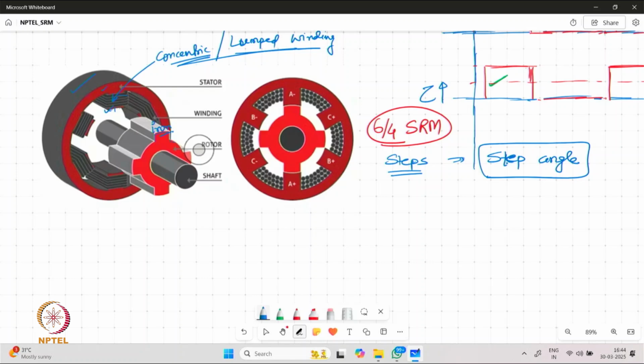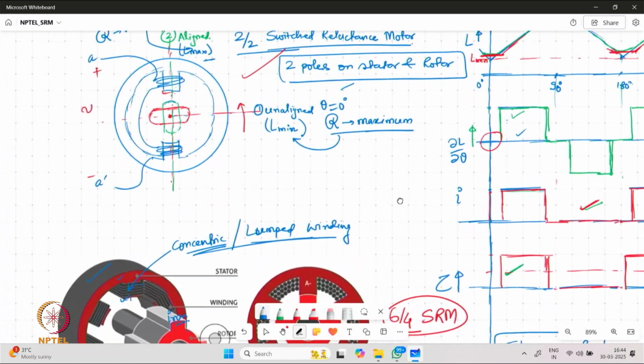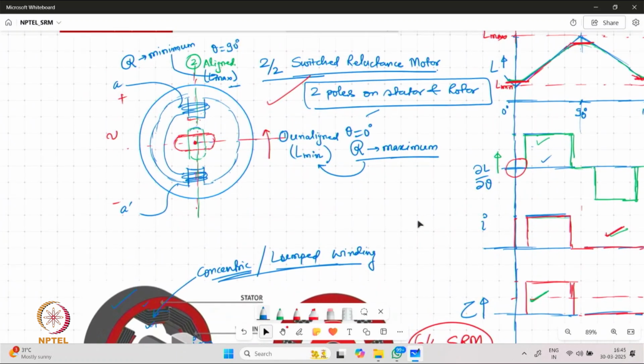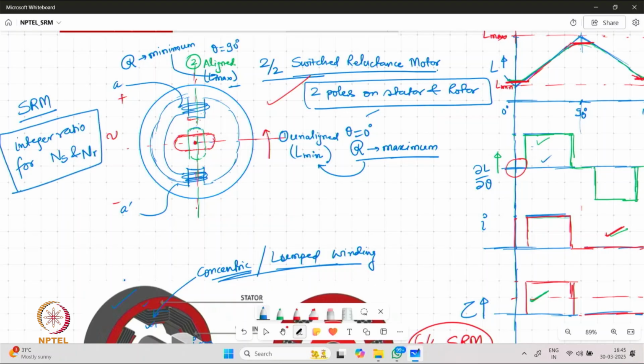There are two things which we need to understand from the practical point of view when we are talking about SRMs which have an integer ratio for the number of stator poles and the number of rotor poles. These are not very common.